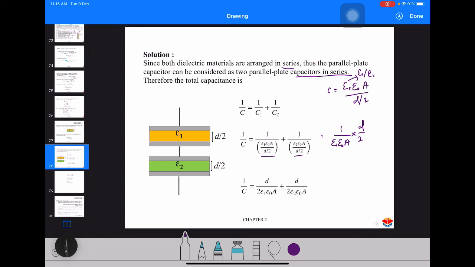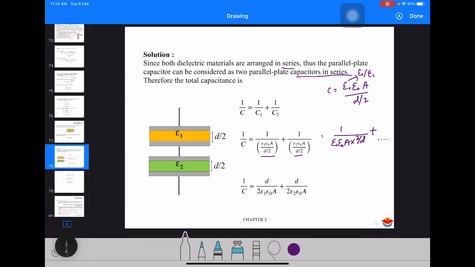Or if you want to do it one by one, maybe you can do it one by one. First, because this one is D over 2 over here, I can bring this one here if I multiply it, but in opposite, I have to flip, and then I can multiply, and then this one is plus the behind term.